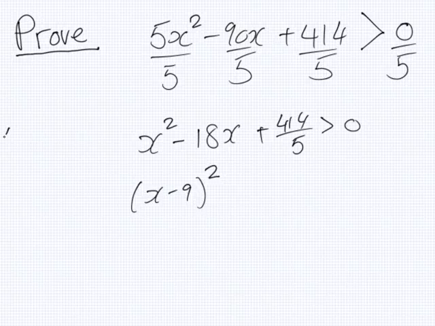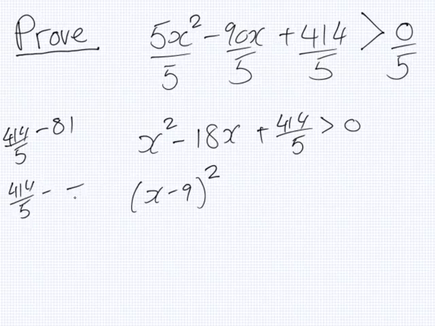And then let's see. 414 over 5 minus 81. 414 over 5 minus something over 5. 405? 82.8. Is this right? Yeah. So, what's that? 9 over 5. Yeah. Plus 9 over 5.